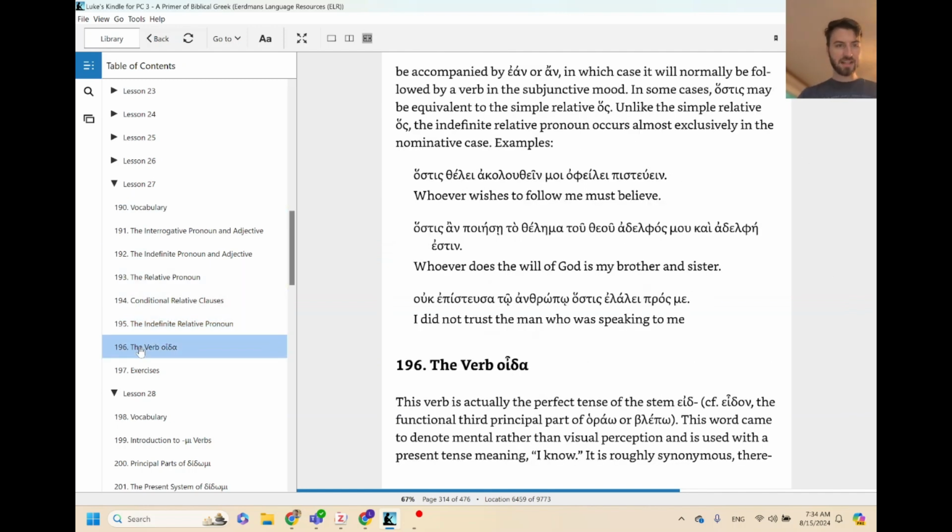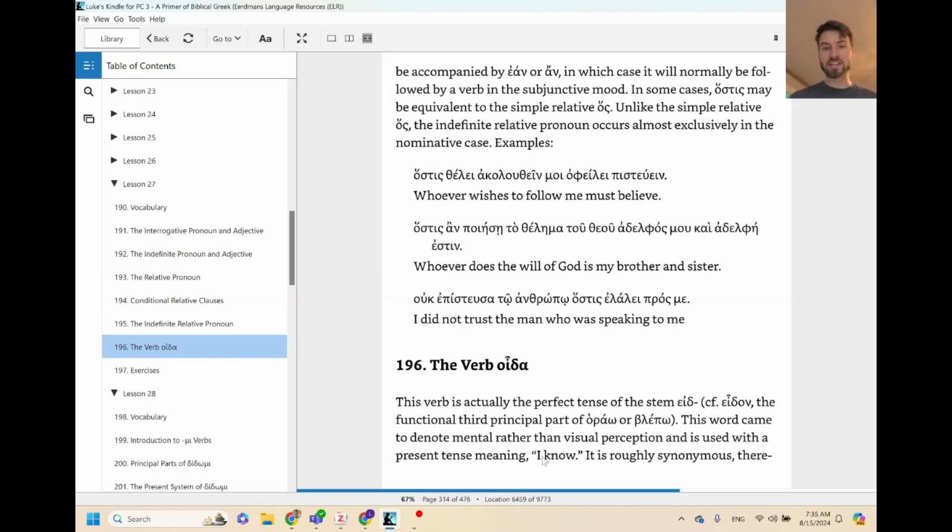And then the last thing it briefly talks about here is oida, which is technically the perfect tense of eidon, to see, or horao, to see. But in Greek, it basically has become its own word. And so even though it's technically in the perfect, just translate it as present.